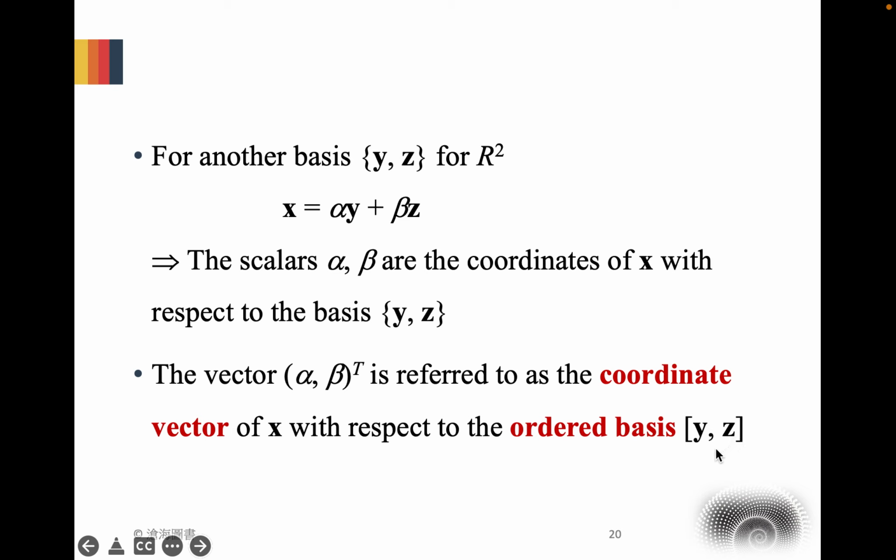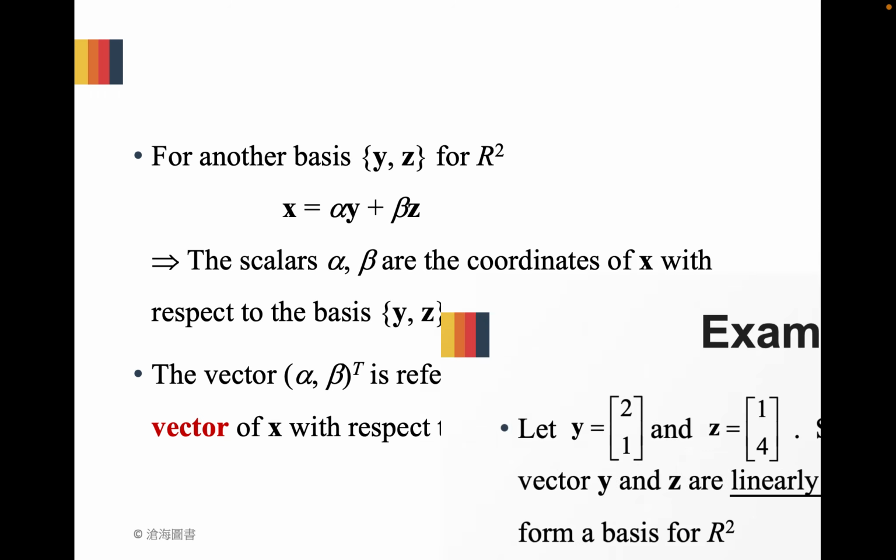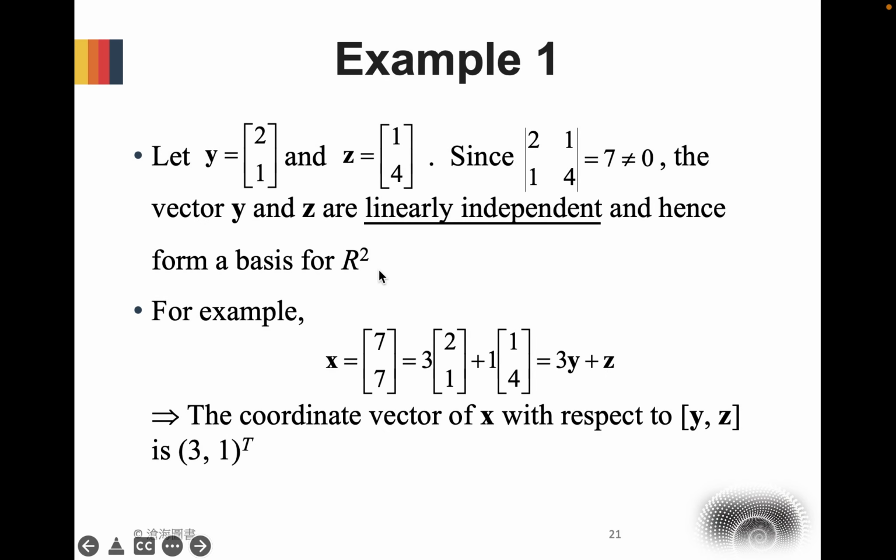So we can use another basis to represent the same vector, right? For example, if y is (2, 1) and z is (1, 4), y and z are linearly independent, so they can form a basis for R2.